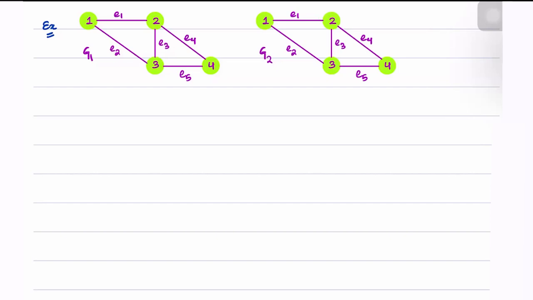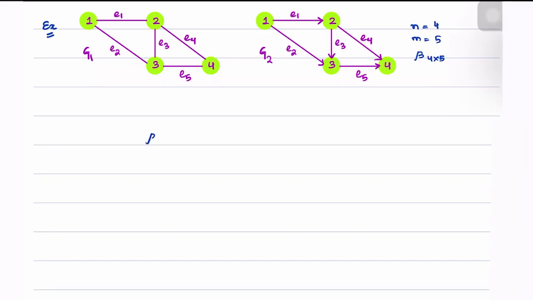So let's do that. Say this is the directions that we assign to the edges. Now let's quickly write up some information that we see here. N, the number of vertices, is equal to 4. M, which is the number of edges, is equal to 5. Hence, the dimension of the incidence matrix is 4 cross 5.